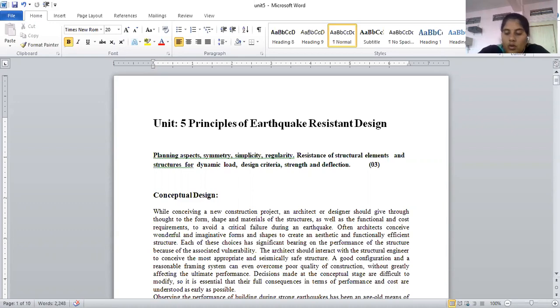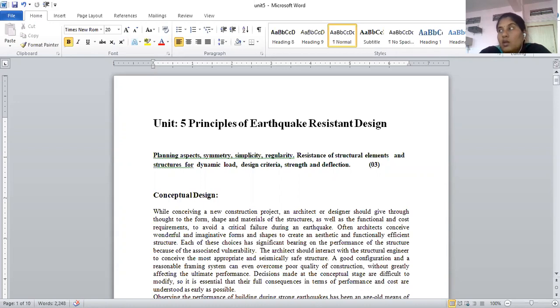Okay. So what is the overall form we have to consider while planning the building? The overall form of the building should be, first aspect, simple and symmetrical. The building should be simple and symmetrical. Second, it should not be elongated in plan or elevation.